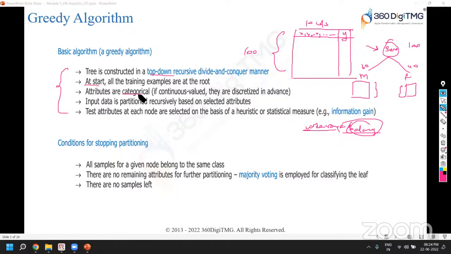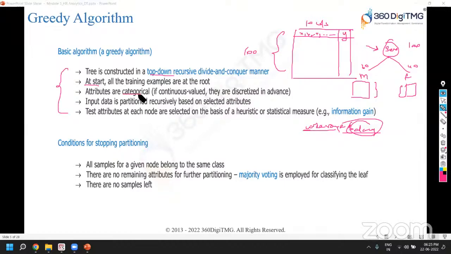There are no remaining attributes for further partitioning. This is majority voting. No remaining attributes means you have a single column, and here you go with the majority to take a decision with respect to your final outcome. That means you have a single column where you're basically having the decision to be made, whether the employee is going to resign or not.